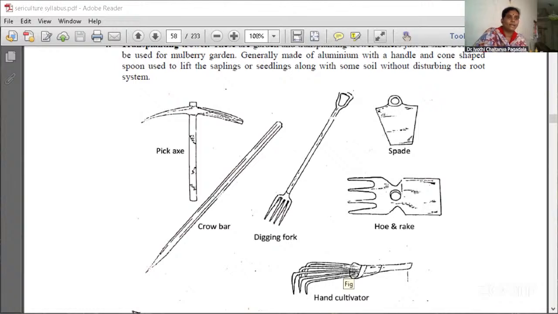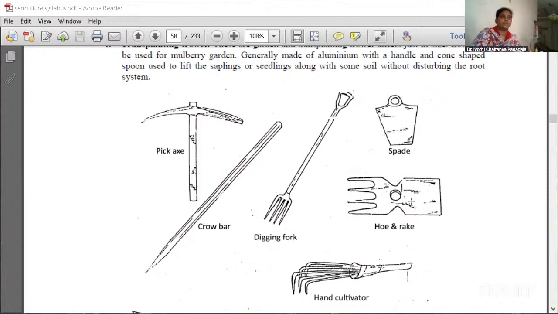Next, hoe and rake. It is a combination of hoe and rake with a hole in the middle for fixing the handle. The sharp blade is 14 centimeters long, and the prong part is 15 centimeters long.